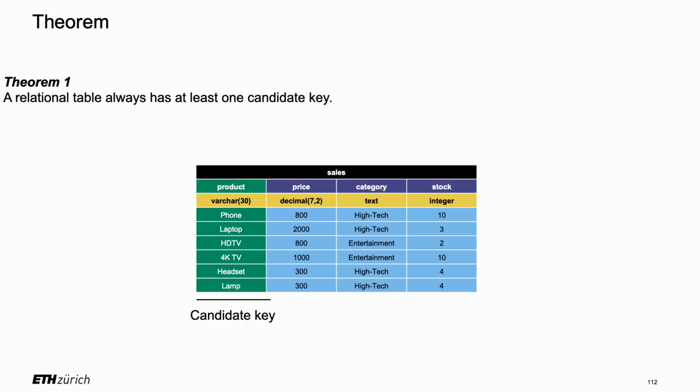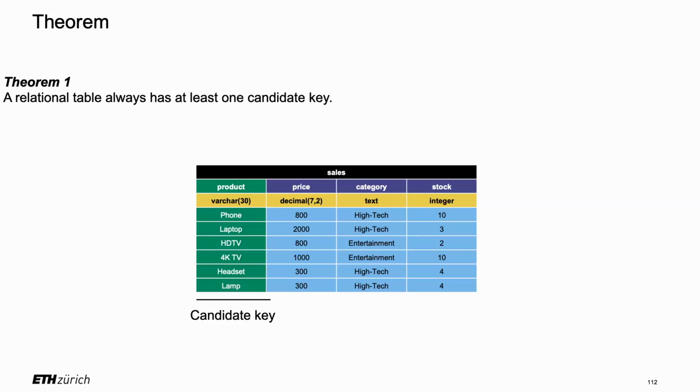How do I know that? Imagine that I prove that it's absurd. Imagine that I keep removing attributes, but it's always a super key. If I always remove and remove and remove, then at some point I'm out of attributes, right? At some point I remove them all. But what happens if I remove them all? Then it's the empty set, right? And if there's at least two records, then the empty set cannot be a super key.